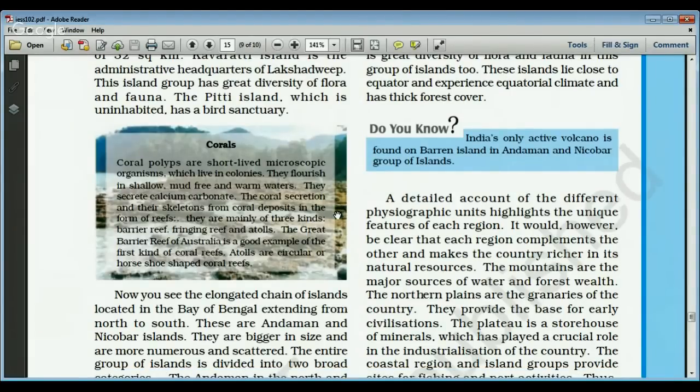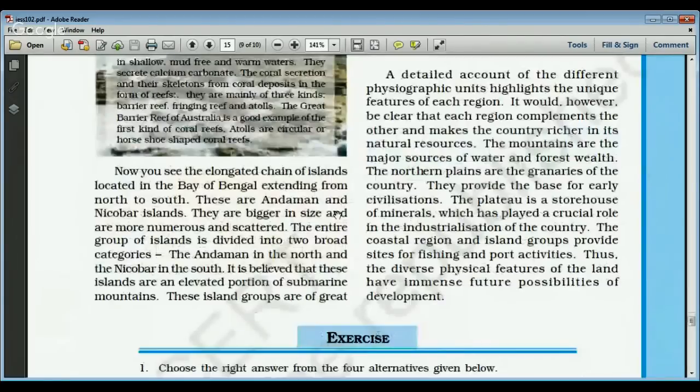So we have seen the detailed account of all the different physiographic units. If you see, the country is rich in natural resources, and all types of relief and topography are present in India, and they have some very specific significance also. The mountains are the major sources of water and forest wealth.